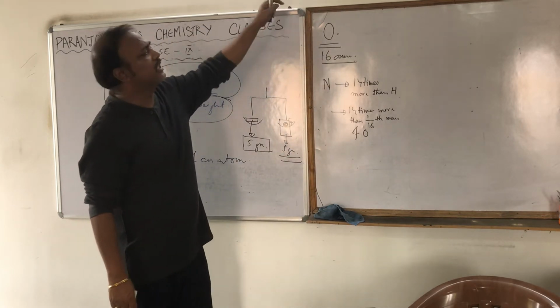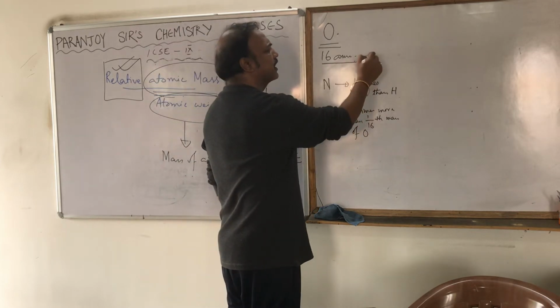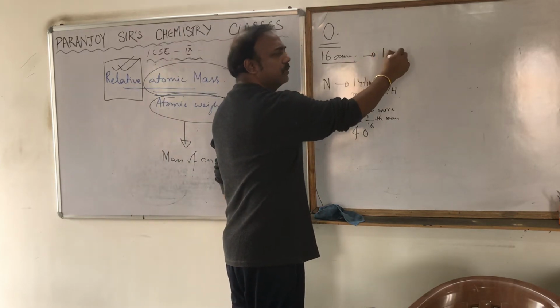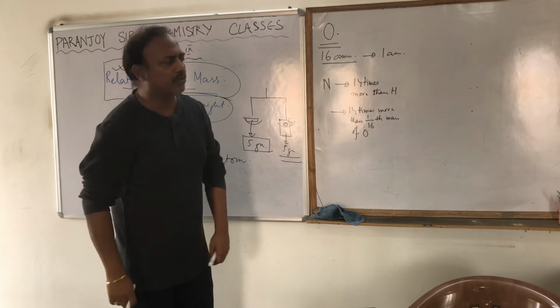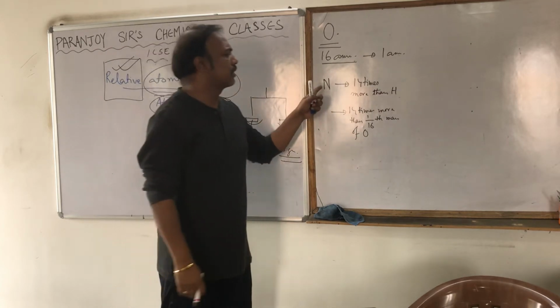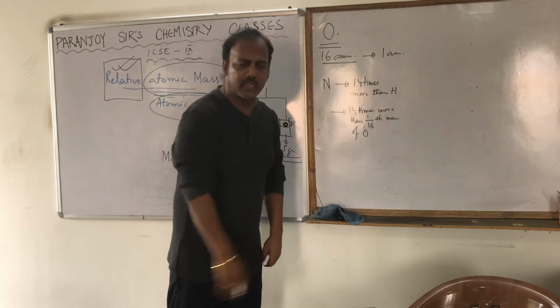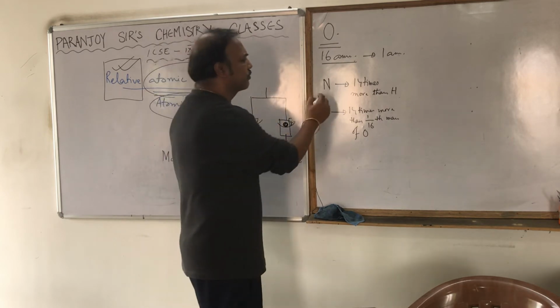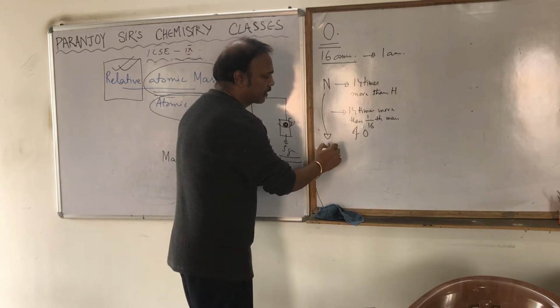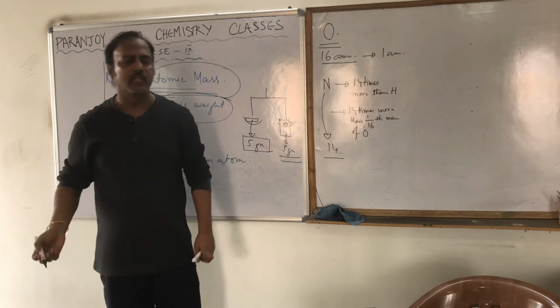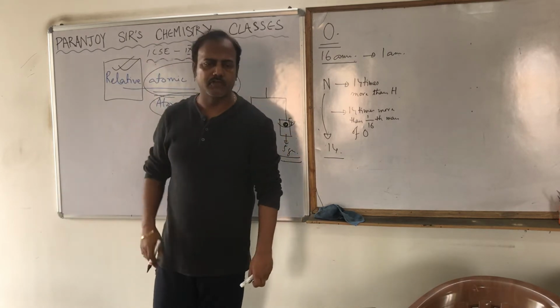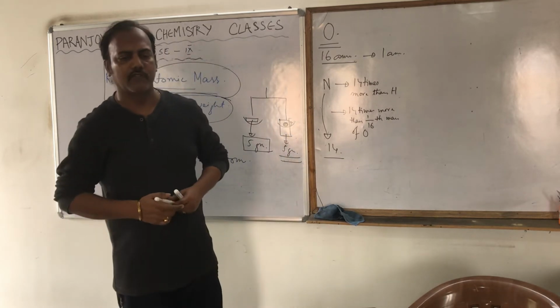So 1/16th of oxygen means 1 AMU. And they found nitrogen is 14 times more than that. 14 times more than that means what is the mass of nitrogen? Nitrogen's mass has been found to be 14. Exactly the similar way as found with hydrogen, it is found for oxygen.